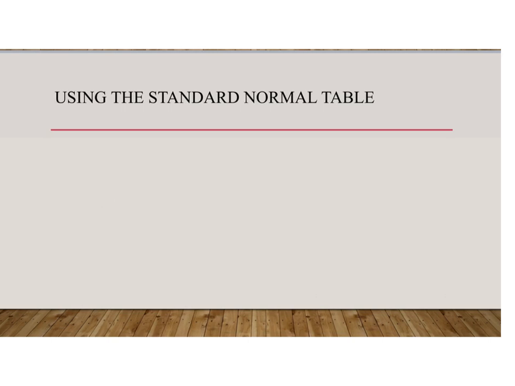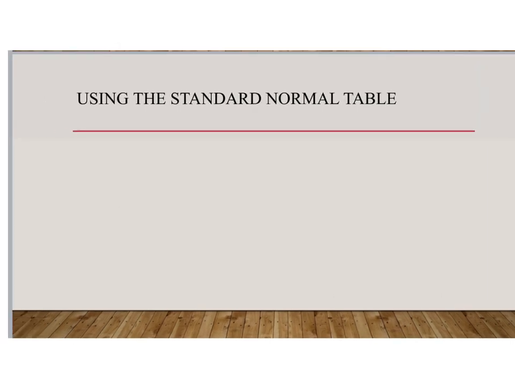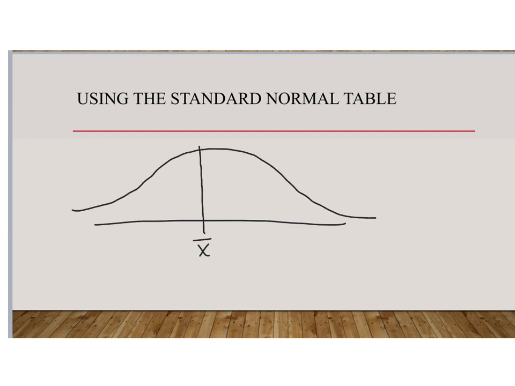Those percentages, if something is normal, we would have the mean right in the middle, and then we've got our bell-shaped curve, it looks something like this. And then if we go one standard deviation, so basically what happens is we're looking at our z-scores here. If the mean has a z-score of 0, this would be 1, 2, and 3.